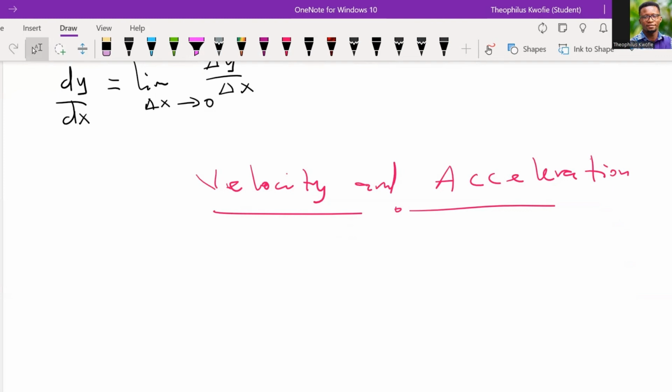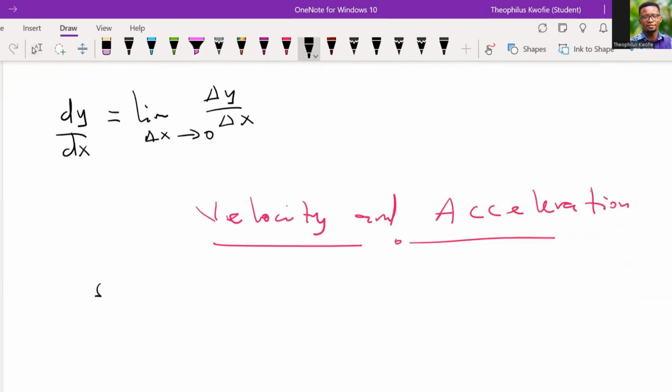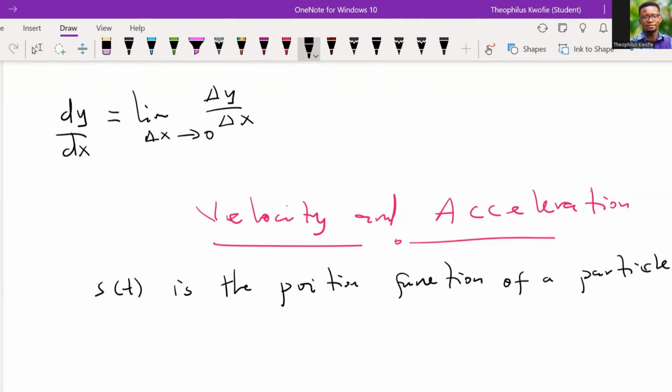Suppose S of t, as we usually use, is the position function of a particle that is moving in a straight line.